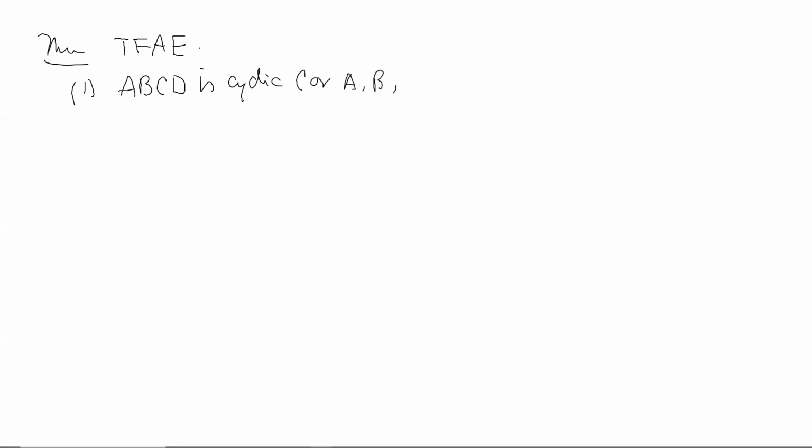so as we promised last time, first of all, the following, so this is a theorem, okay? The following are equivalent. One is that the convex quadrilateral ABCD is cyclic. Or we say that the points A, B, C, D are concyclic.